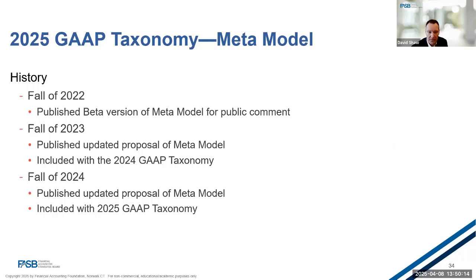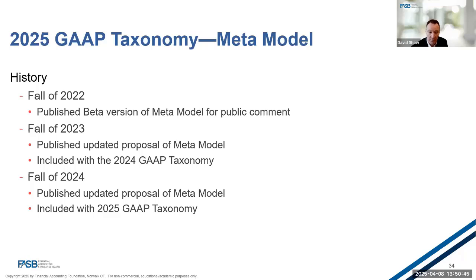So this slide provides a brief history of the meta model and how we got to where we are. In the fall of 2022, we published a beta version of the meta model that was really a proof of concept of what the included relationships meant and whether or not we could actually publish it. In the fall of 2023, we published an updated proposed meta model. It was largely still considered beta as it did not include a lot of relationships, but it was included with the 2024 GAAP taxonomy.